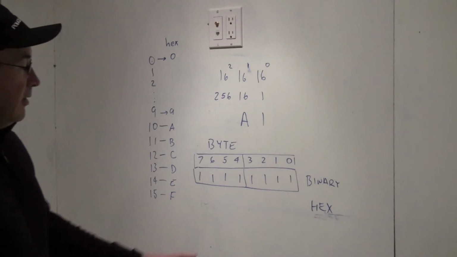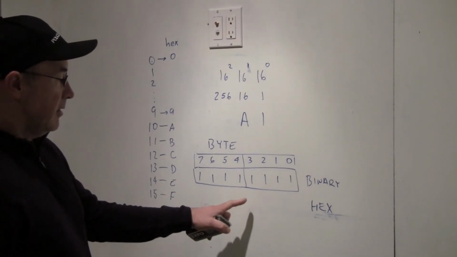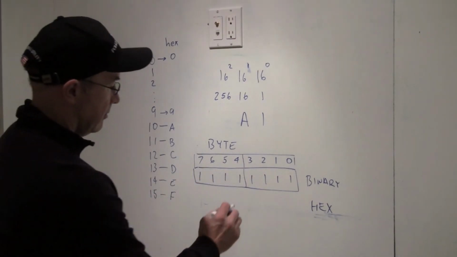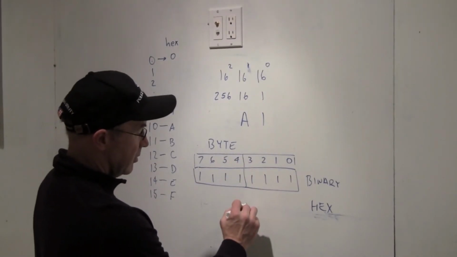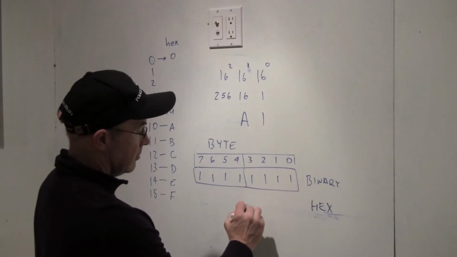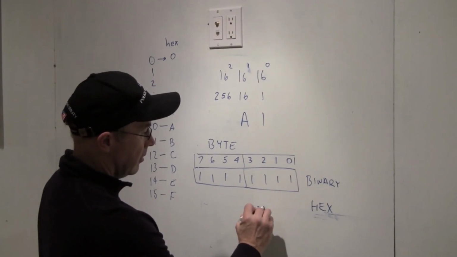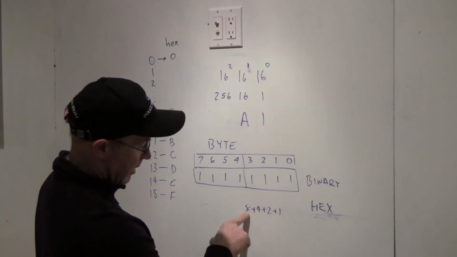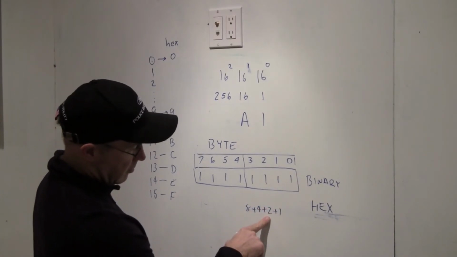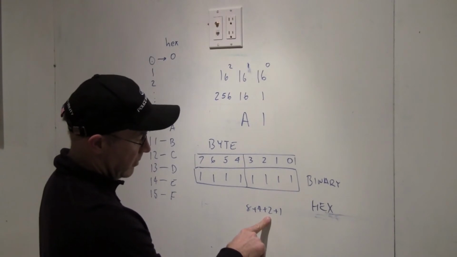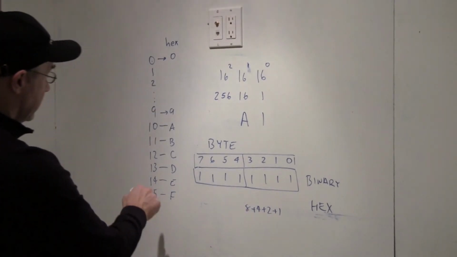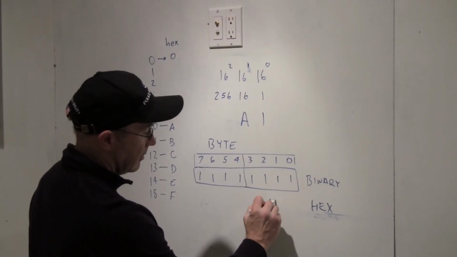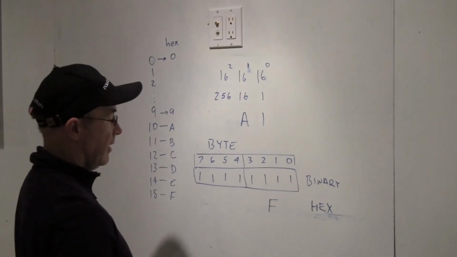An easy way to do it is just figure out what this is in decimal. 2 to the third power is 8, 2 squared is 4, 2 to the first power is 2, 2 to the 0 power is 1. So 8 plus 4 is 12, plus 2 is 14, plus 1 is 15. I looked that up over here, and that's an F. So this is an F in hex.